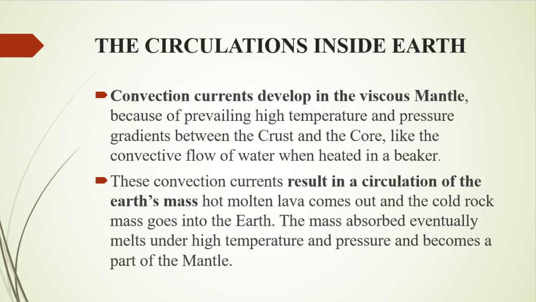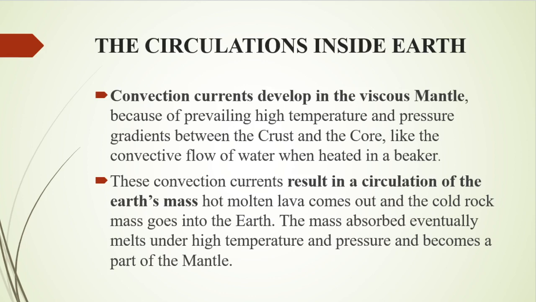Next is the circulations inside Earth. The Earth is made up of three main layers: core, mantle, and crust. Convection currents develop in the viscous mantle because of prevailing high temperature and pressure gradients between the crust and the core, like the convective flow of water when heated in a beaker.